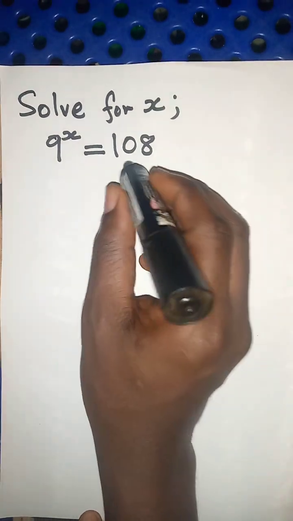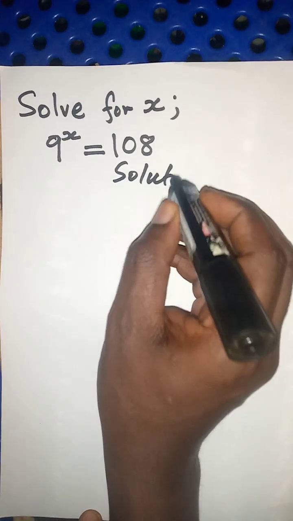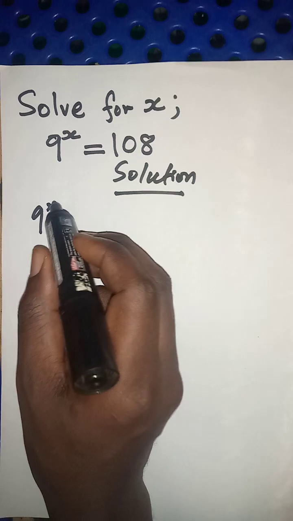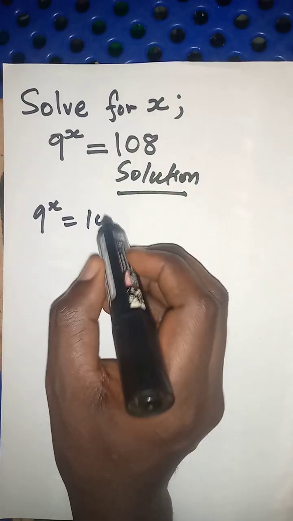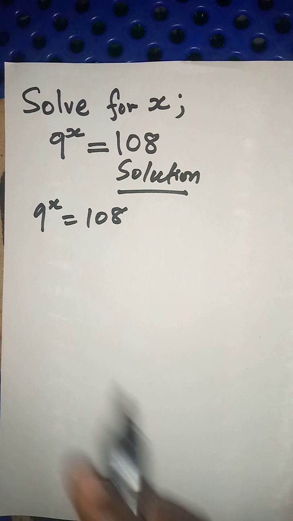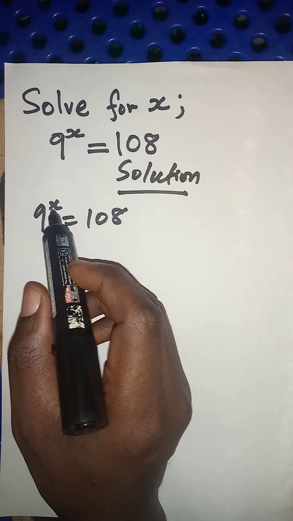So quickly let us dive into the solution. So we have 9 raised to x is equal to 108. So the first approach that I'm going to use is, how do I drop this power x?